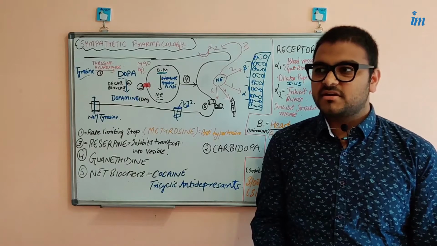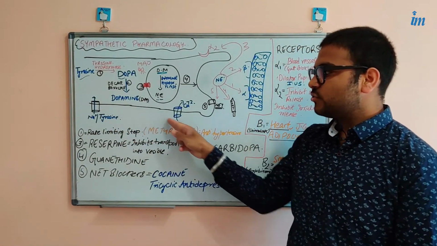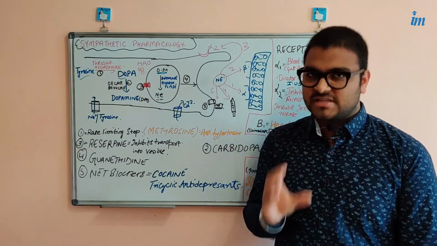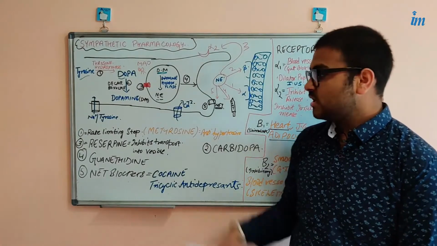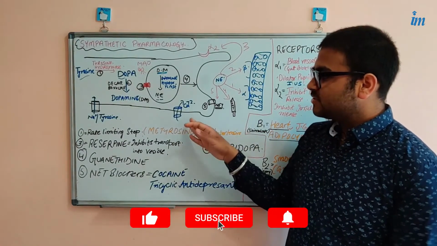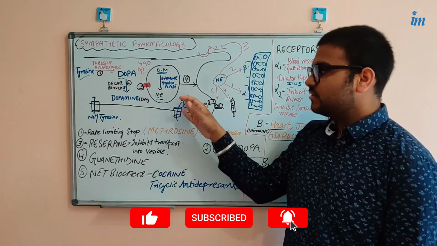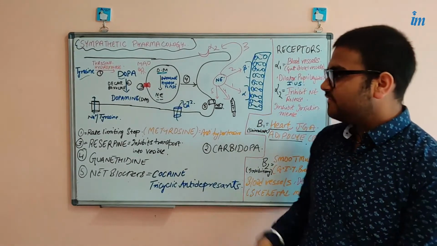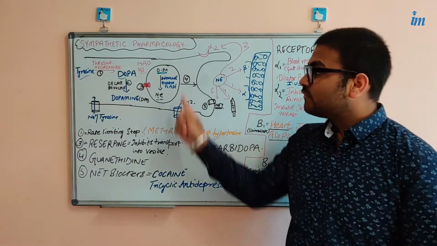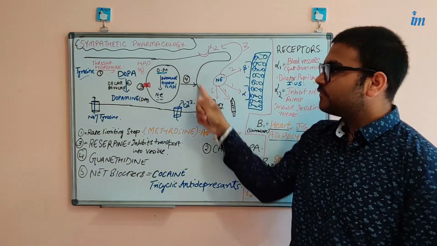Your sympathetic nervous system becomes activated, so the action potential is traveling across this neuron membrane, and the action potential sensitive calcium channel will open, and this opening of the calcium channel will lead to the calcium present in the extracellular space going inside the neuron. This influx of calcium into the neuron will lead to the fusion of this synaptic vesicle with the presynaptic membrane of the neuron.